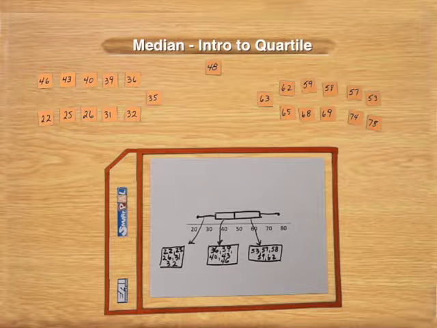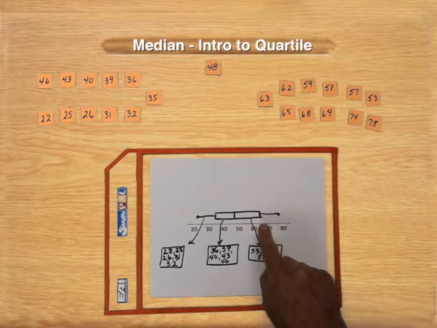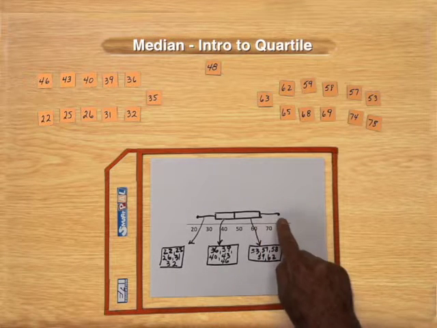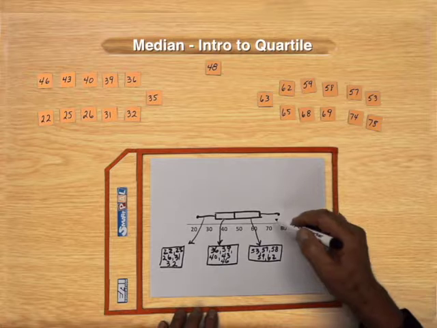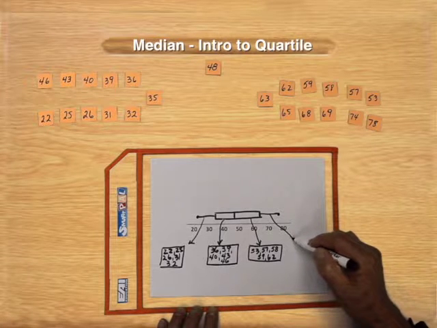And finally, we're going to find all of the numbers that are between this line, which represents 63, and this dot, which represents 78. So we're going to draw a line out to this box.